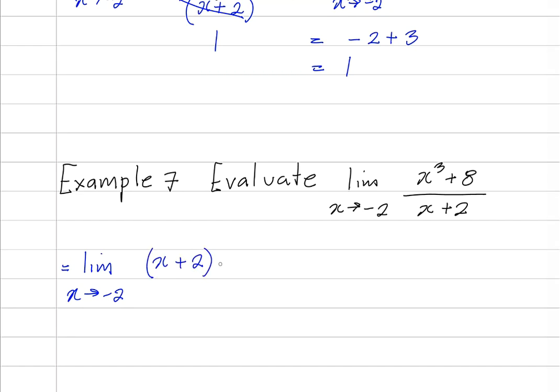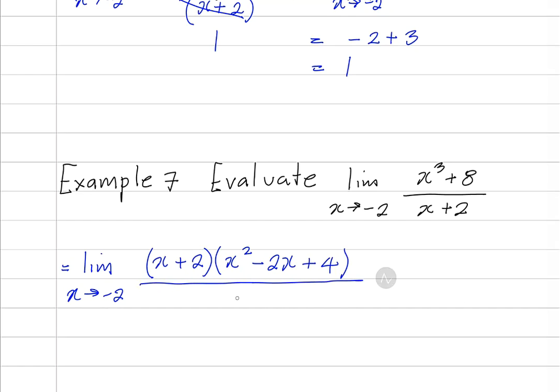So that's the same as at the bottom. And this is what? x squared minus, if I'm not mistaken, 2x plus 4.